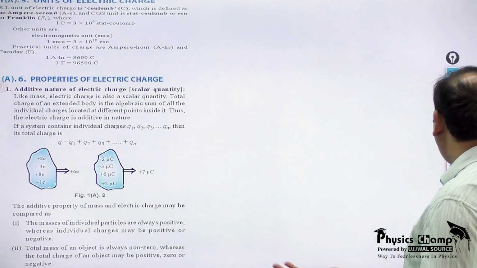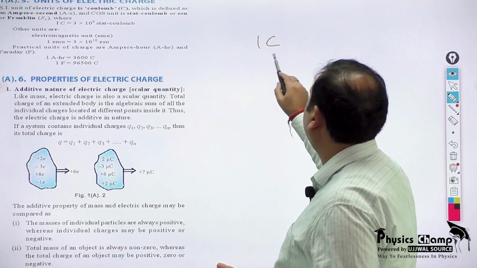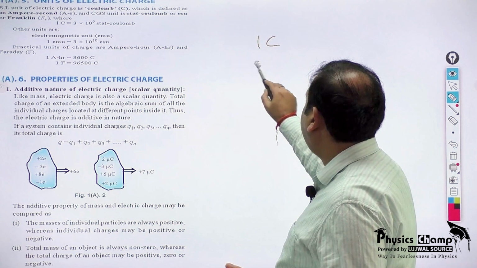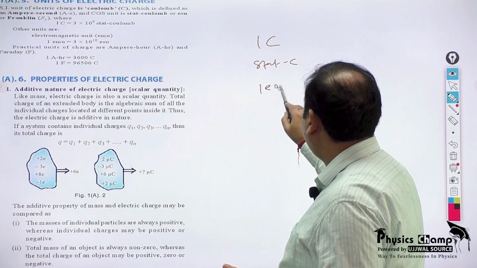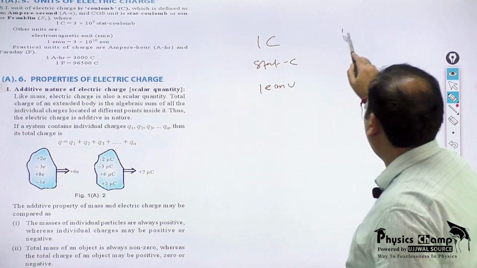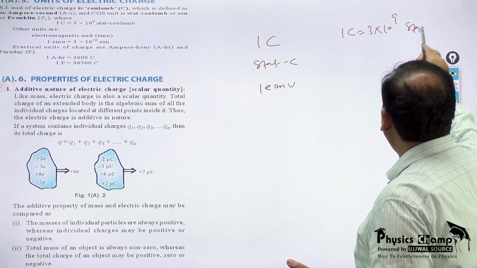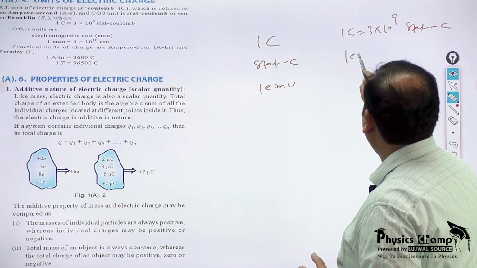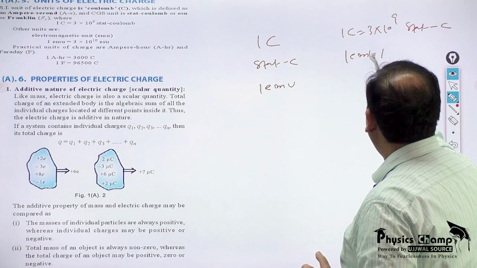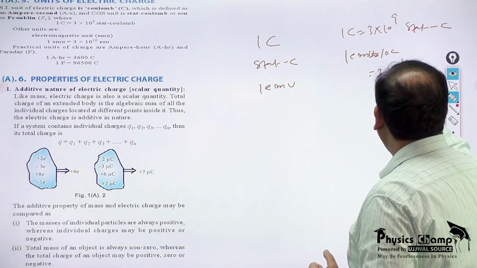If I repeat, we have 1 coulomb, stat coulomb, and EMU. So 1 coulomb is 3 into 10 to the power 9 stat coulomb, and also 1 electromagnetic unit is 10 coulomb or 3 into 10 to the power 10 stat coulomb.